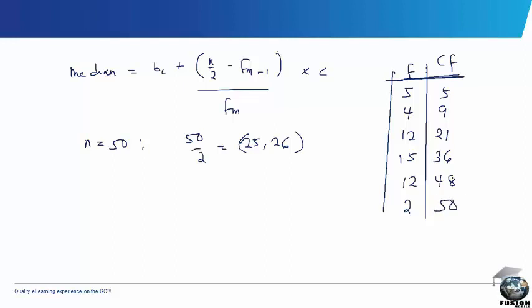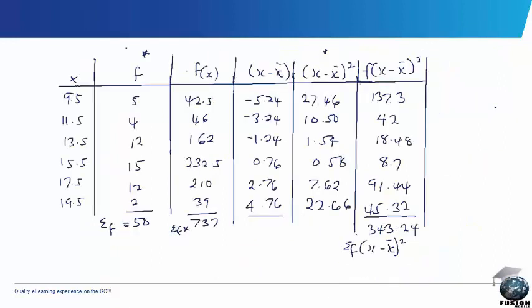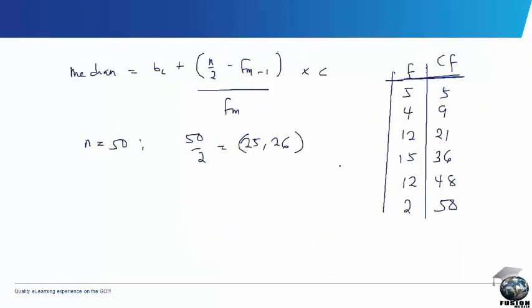And so we go back to our table, and remember we said that the numbers that fall between the 25th and the 26th make the median class, because the median is the 25th plus the 26th number divided by 2. Let us check where the median class falls from our cumulative frequencies. The median class cannot be at 21.